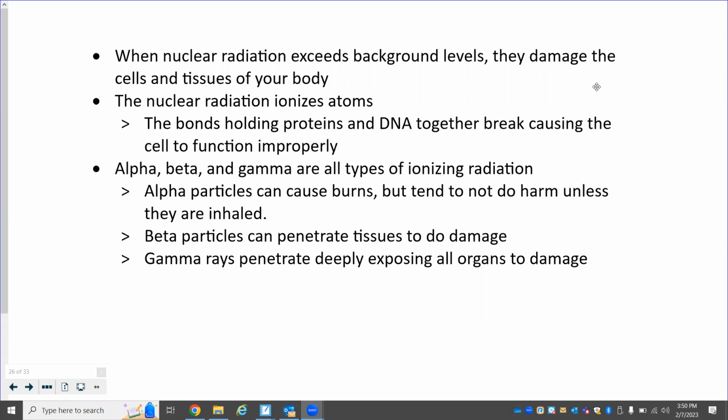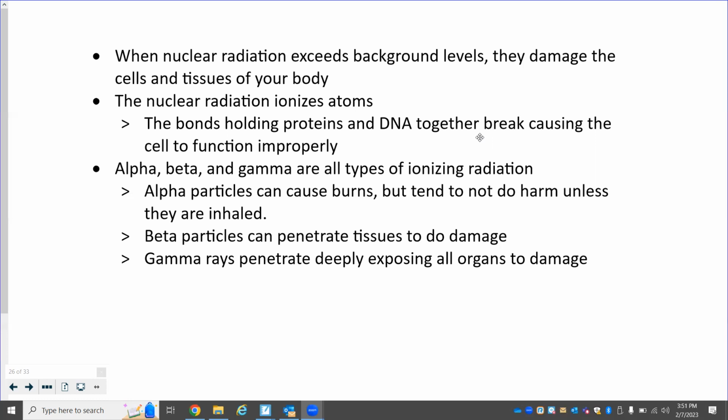The bonds holding proteins and DNA together can break, causing the cell to not function properly, or it is possible that a cell starts replicating uncontrolled.